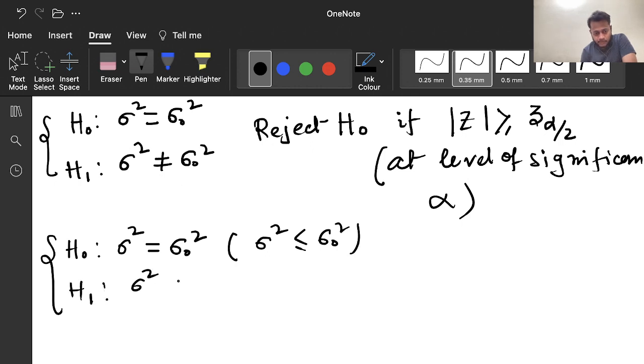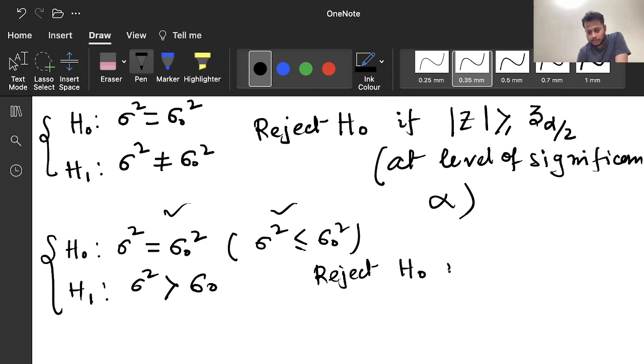Since our test will be based on the alternative hypothesis, for these two null hypotheses the test is the same, that is reject H0 if z is greater than z alpha.